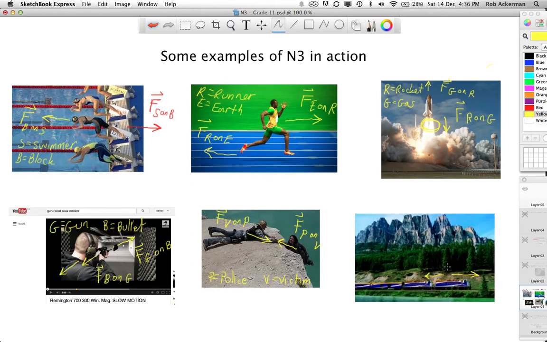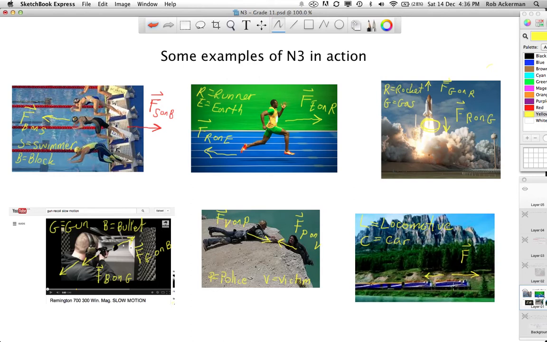And finally, with the train here, we've got the locomotive. So L equals the locomotive. And the car behind it, that'll be the letter C. So what are the forces here? Well, first of all, the forward force on the locomotive, let's see how this happens.